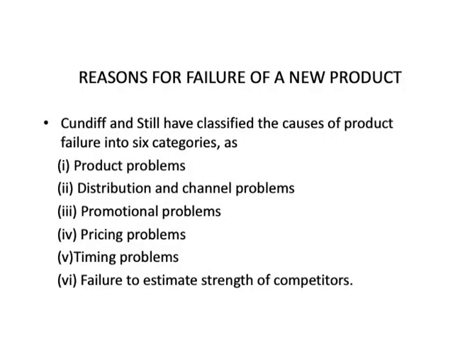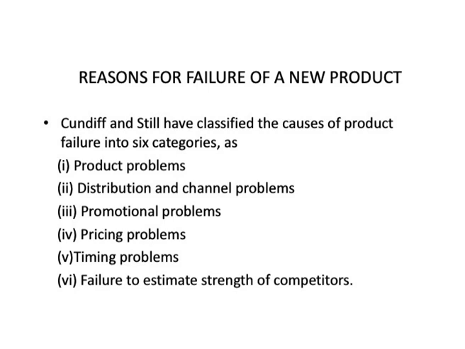So after looking into the various stages of new product development, let's quickly look into the reasons why new products fail. There were a lot of studies done by Cundiff and Still, which is mentioned in your material as well. They say the product has some intricate problems. The distribution channels didn't live up to expectations. Promotion was not appropriate; probably you overpromised and underdelivered.